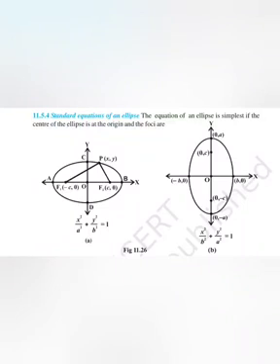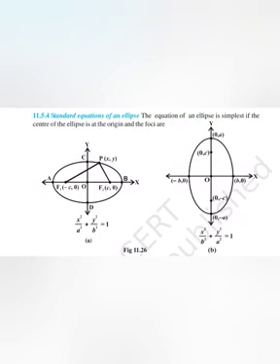Now, if the major axis is along the y-axis and the minor axis is along the x-axis, the center is at the origin, the length of the major axis is 2a and the length of the minor axis is 2b, then the equation of the ellipse is x²/b² + y²/a² = 1.